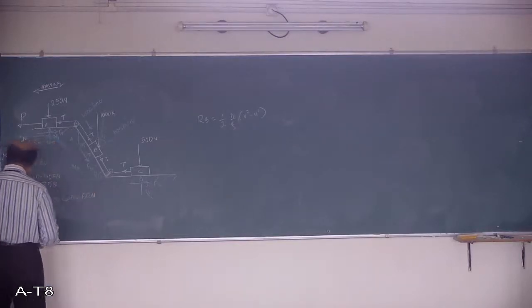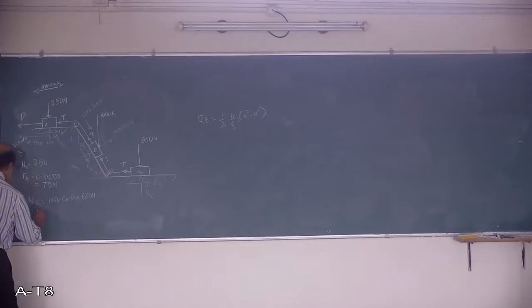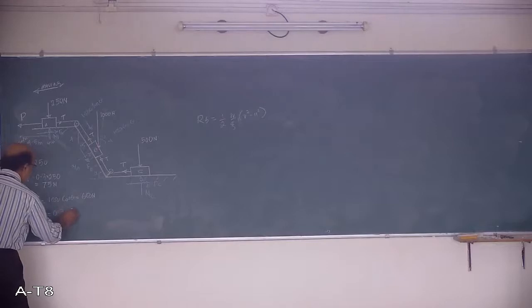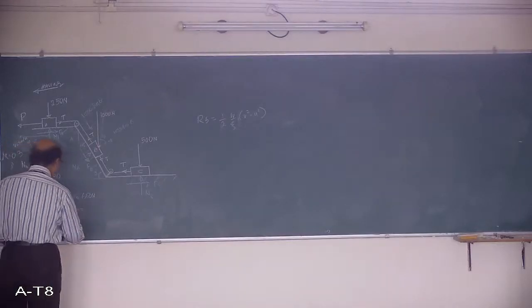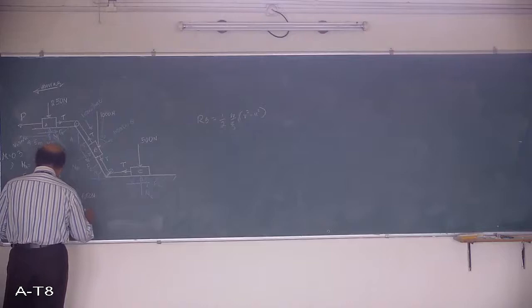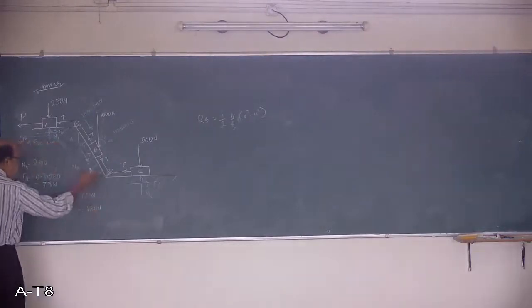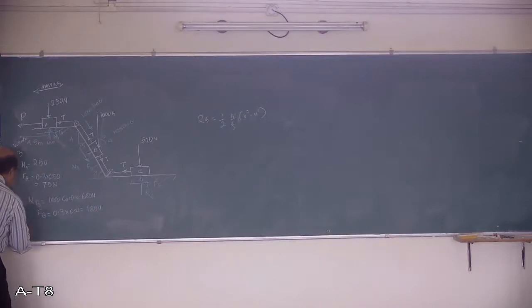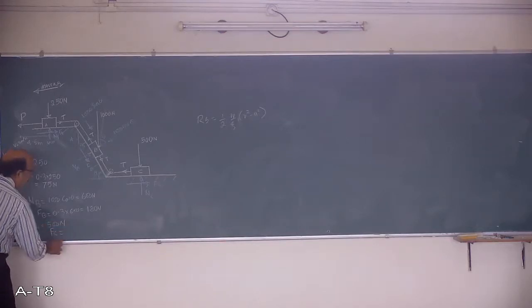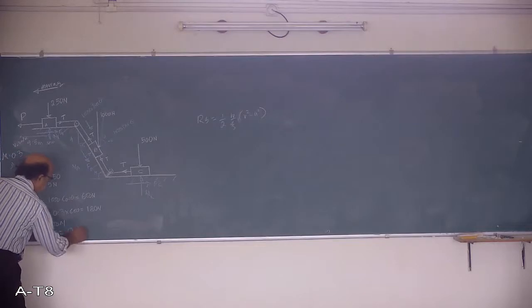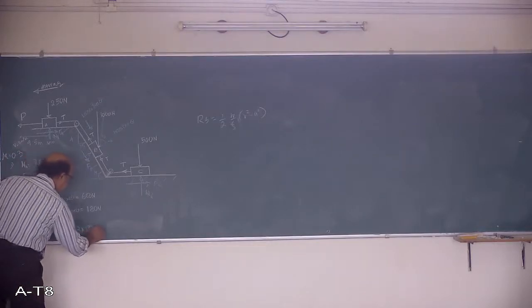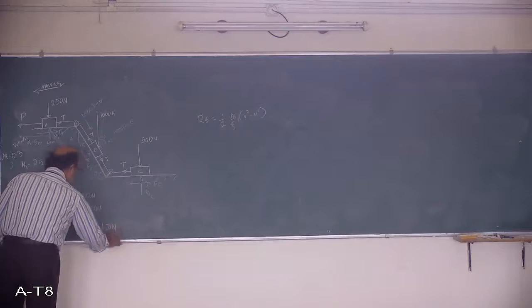And FB is equal to 0.3 into 600, 180 Newton, FB. Similarly for this one, NC is equal to 500 Newton and FC is equal to 0.3 into 500, 150 Newton.